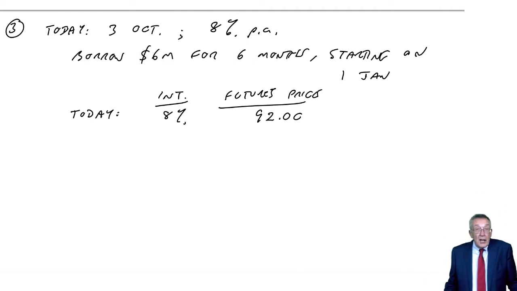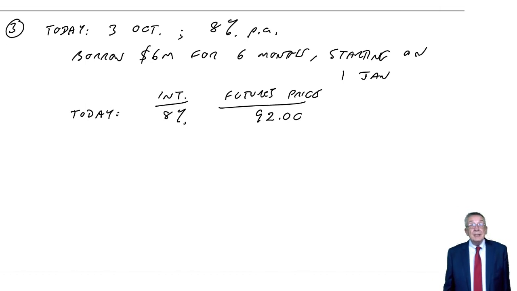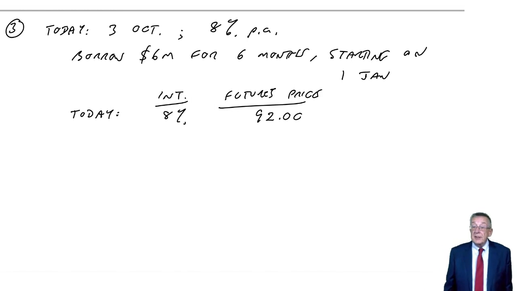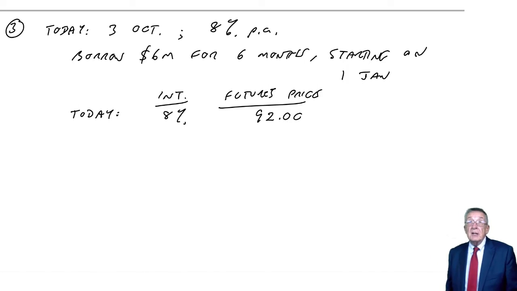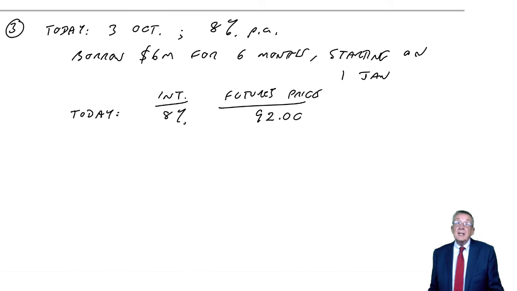By the time we start the loan, I've just said interest rates could be different. And of course, automatically the futures price will be different. If the interest rate turns out to be 10%, the futures price will have gone down to 90. If the interest rate's 6%, the futures price will have gone up to 94.